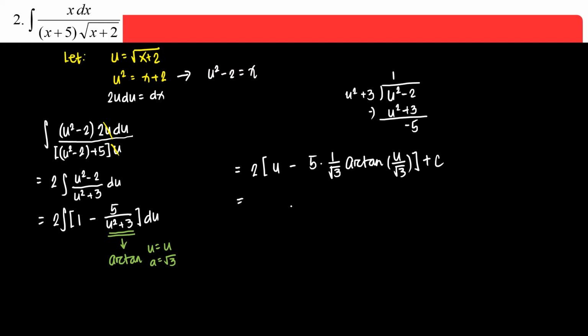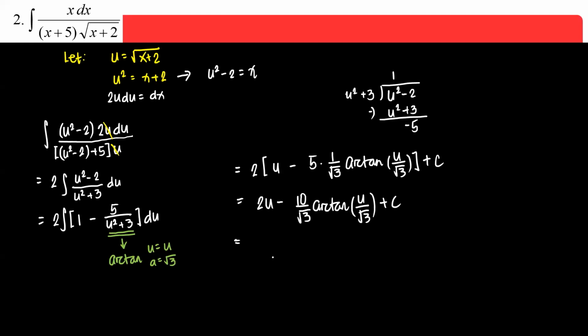And then let's bring in everything. 2u minus 10 over square root of 3 arctan u over square root of 3 plus c. But again, the problem was not in terms of u.